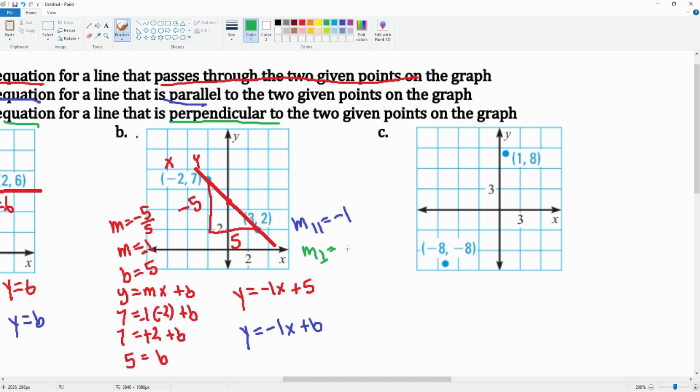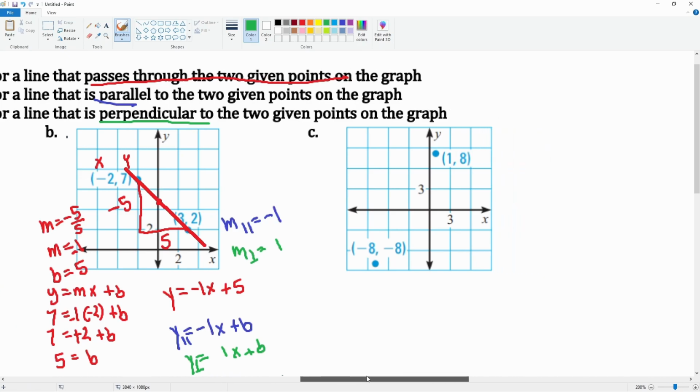So the opposite of negative 1 is positive 1, and the reciprocal of 1 is just 1. So y is equal to 1x plus b. So y in red is the original. Y parallel, so let's put the parallel symbol next to the y, is that. And then let's put the upside down t for perpendicular. Y perpendicular is 1x plus b.